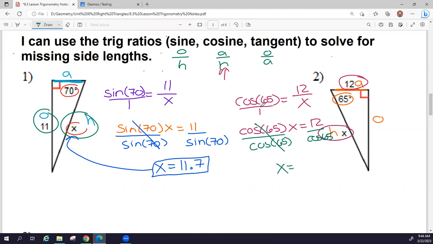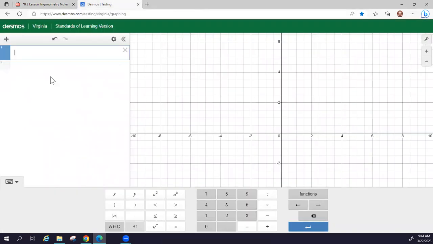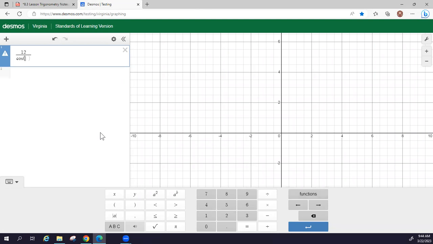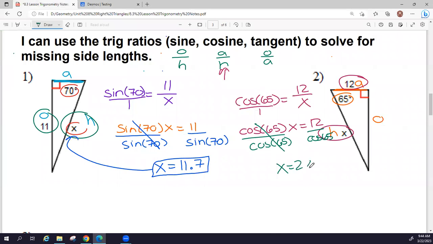And so we can actually go in the calculator and do 12 divided by cosine of 65. Cosine is in that functions tab. And we can get 28 point, we'll call it 28.4. We'll round that to 28.4. And so again, we found the length of our hypotenuse.